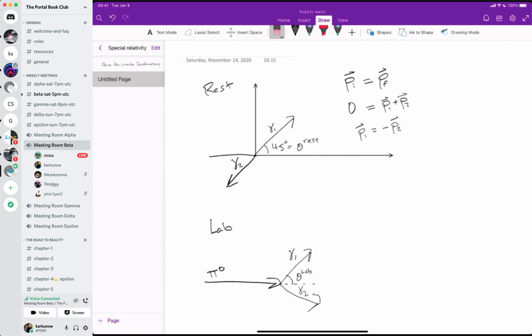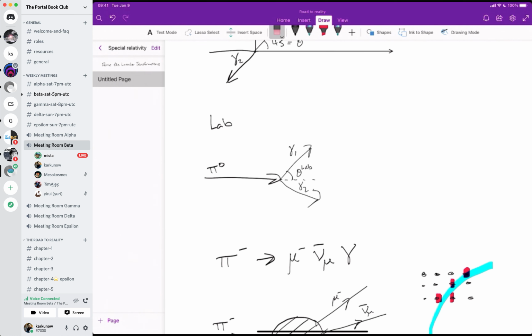So I guess what I'm saying is that it's not going to go off in different directions in the rest frame. It's only going to be collinear in the rest frame, which is not the case in the lab frame, right? In the lab frame, it would be kind of difficult to see a photon going off in the other direction, because then this would have to be a very high energy photon. Maybe we can get back to that. Okay, let's go back to the formulas.